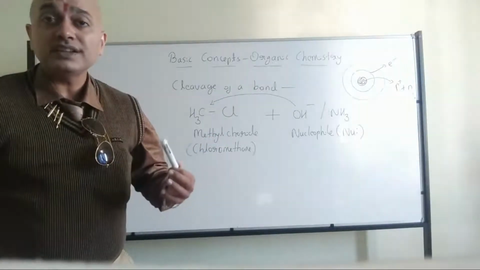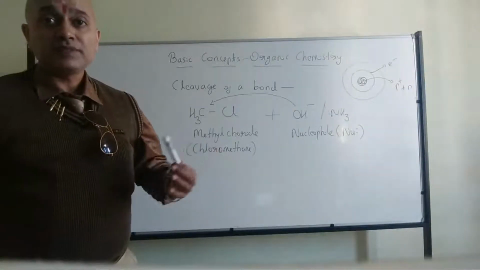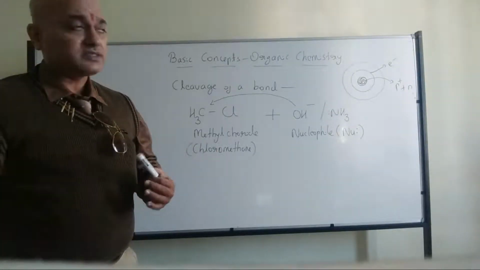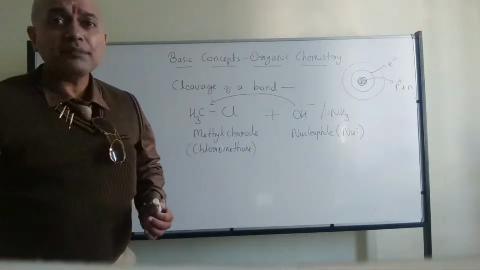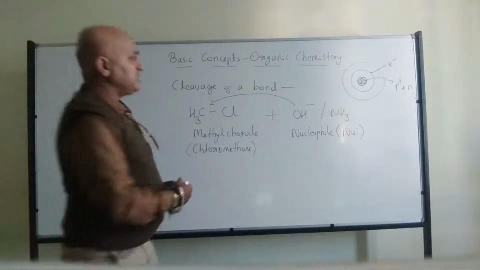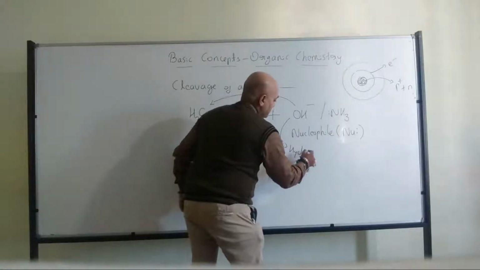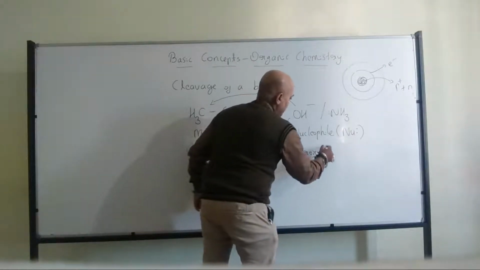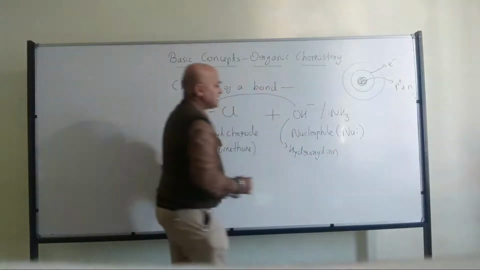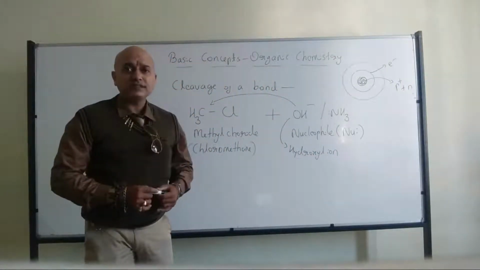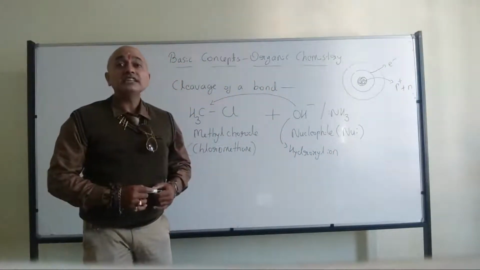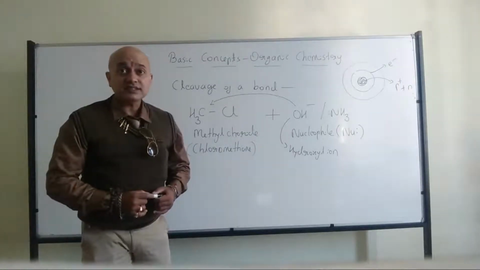All of us know ammonia is a Lewis base which can donate electrons, right? And at the same time, hydroxyl ion, OH minus, is also a very good example of a nucleophile because it is an electron-rich species with a negative charge.